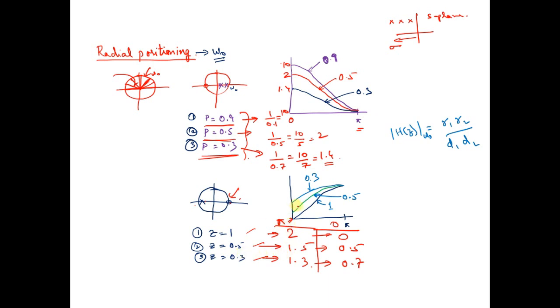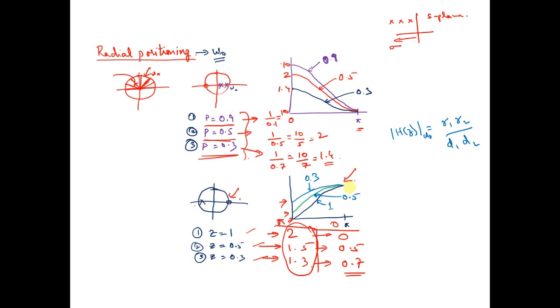At 0.5, you have a slightly higher gain, and then at 0.3 we have 0.7. So this is at the DC frequency, and at the higher frequency at pi we have this. Now if you normalize the gain, we will get something like this.